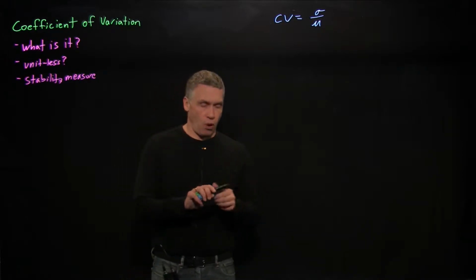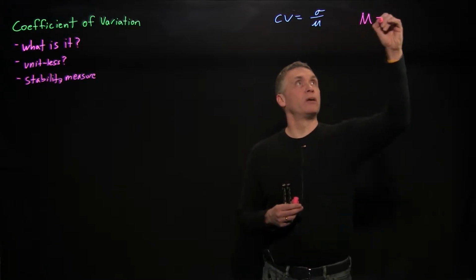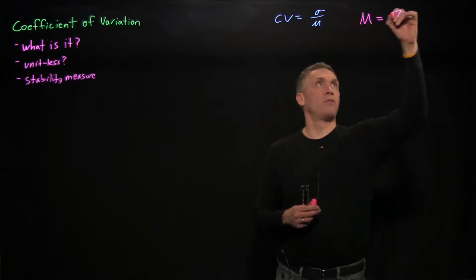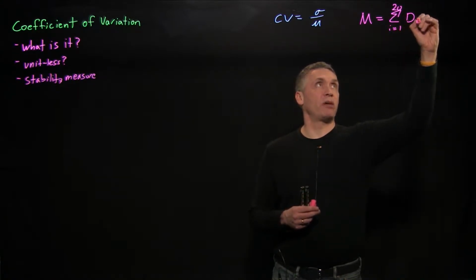We've seen before that if we have a monthly random variable that is the sum of 20 daily random variables, right?